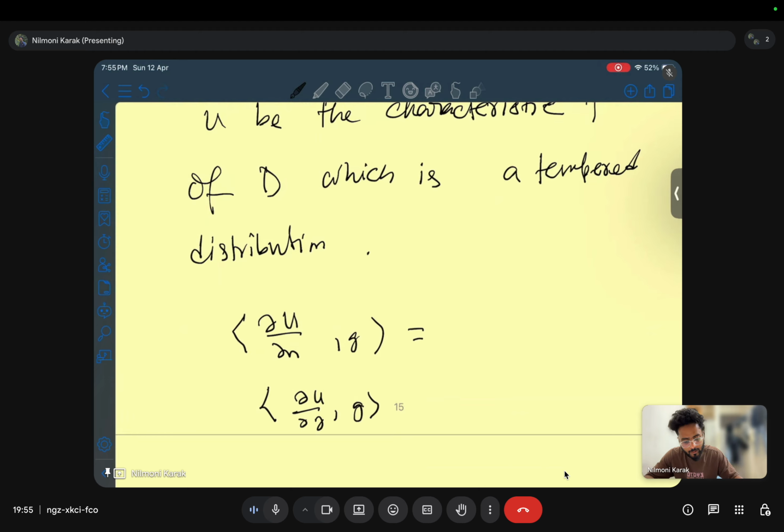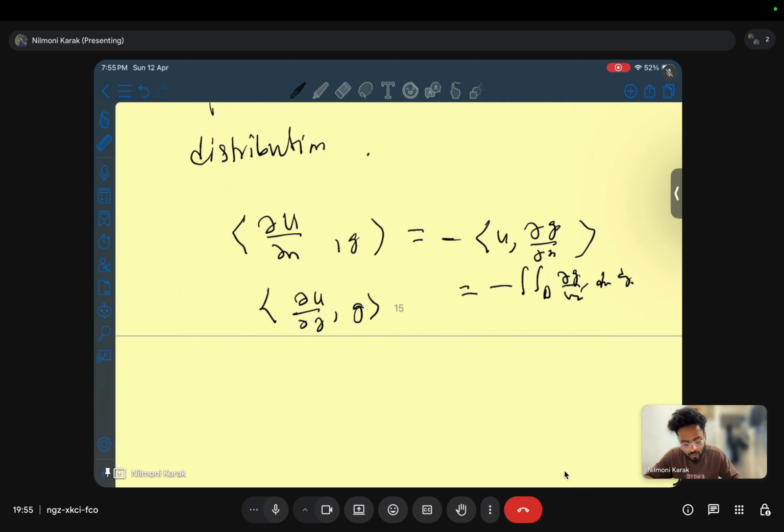This is basically minus the integral of u del g del x dx dy. Similarly we can find the other, and then by applying the Gauss divergence theorem, we will have the distributional derivative.